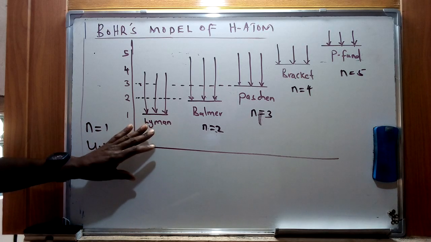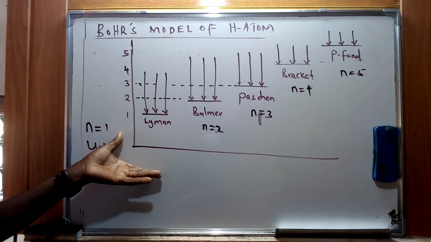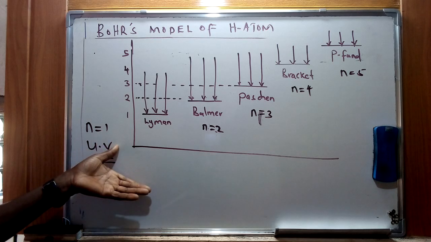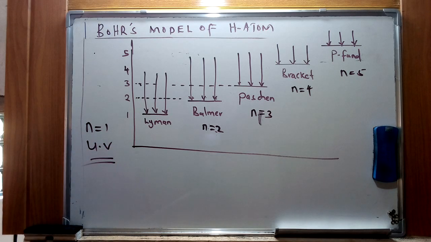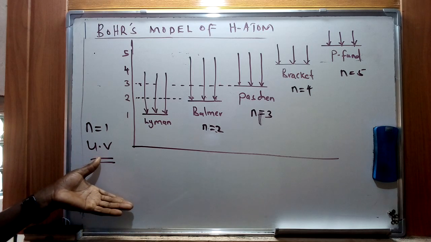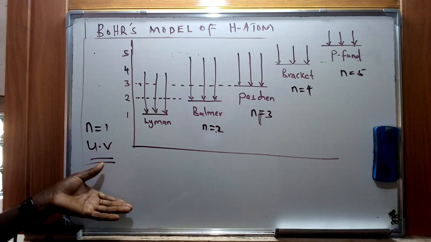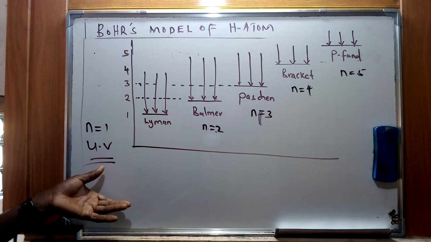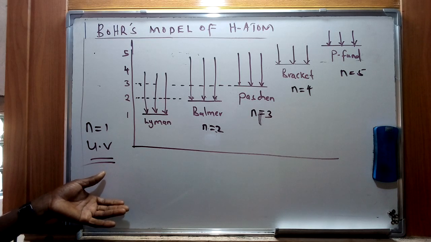Now, these series are going to assist us to figure out how we can describe the various energies of these particular lines. In our case here, these spectral lines are going to be described using a particular formula that we're going to learn later.